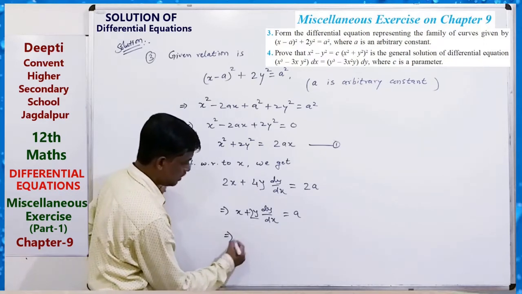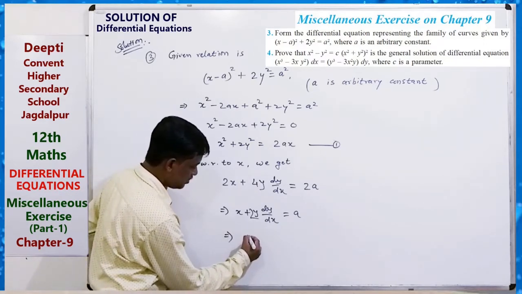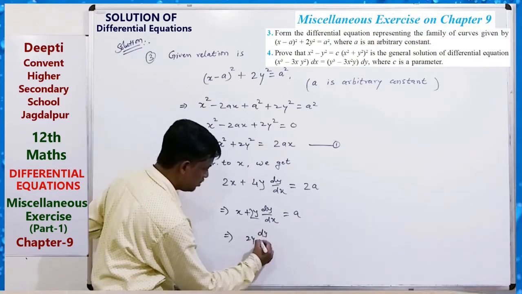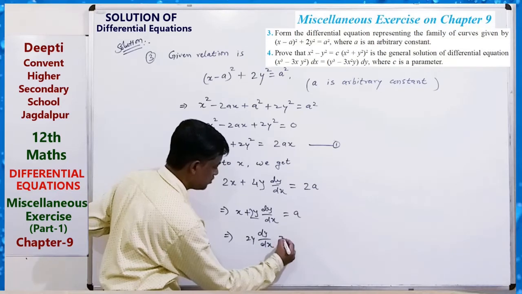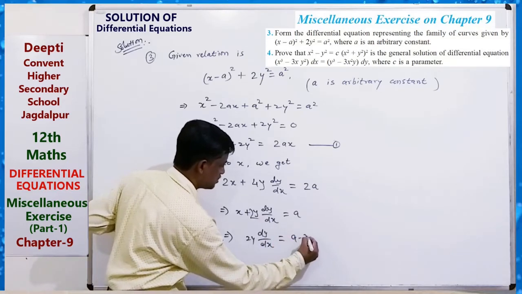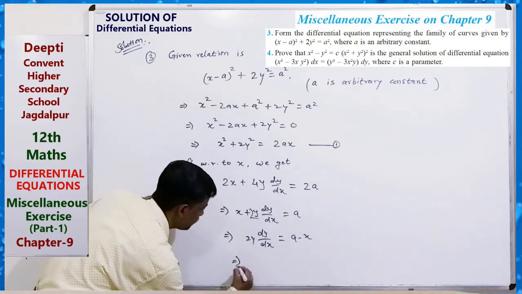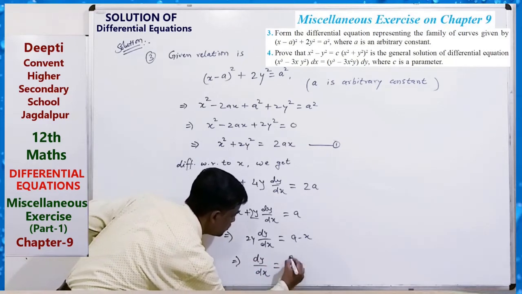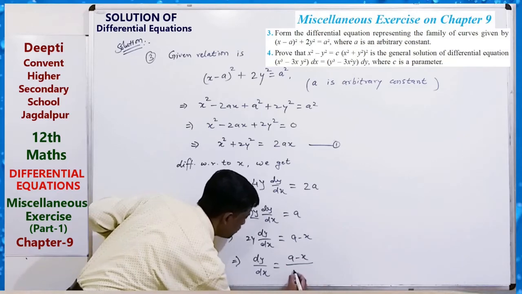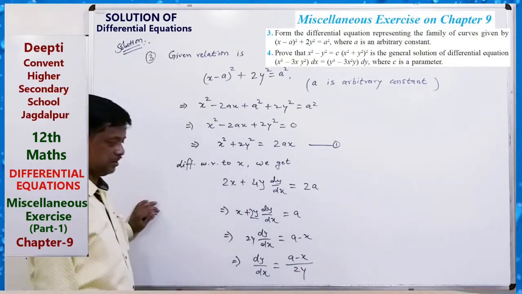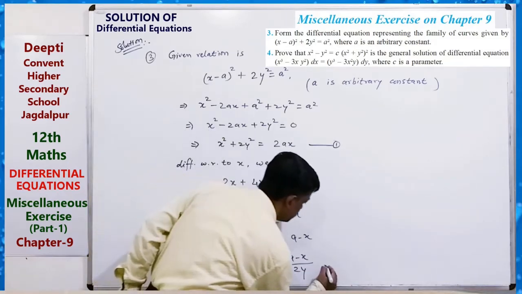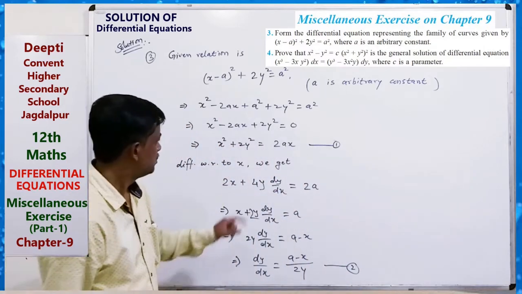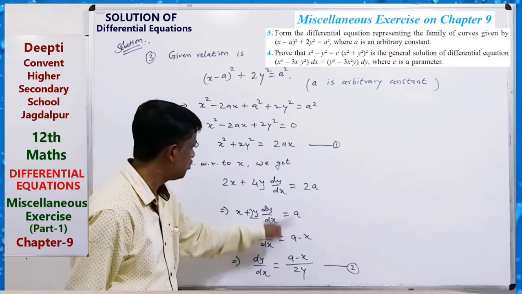So we can write it like this: 2y dy upon dx equals a minus x, that is dy upon dx equals a minus x upon 2y. Now this is equation 2. Now for getting the differential equation, we just have to eliminate a from 1 and 2.